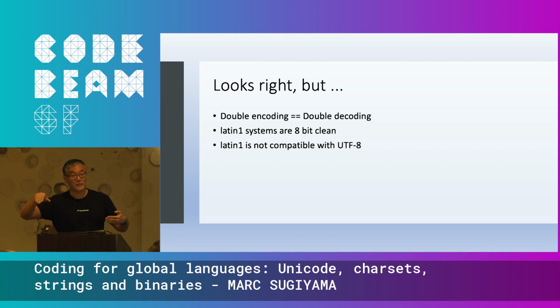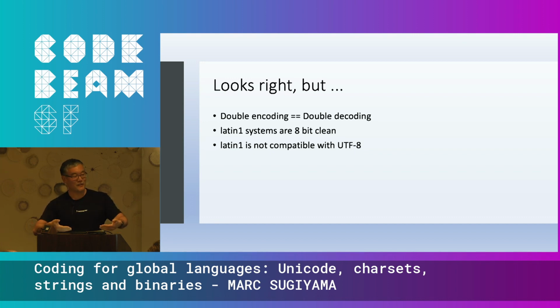Then you can write them into the database and tell the database it's Latin 1 data, right? The database is fine with that because it's 8-bit clean. It's just a bunch of bytes, so I'll store them. And then you read them back out as Latin 1. Well, it's 8-bit clean, so no re-encoding happens.